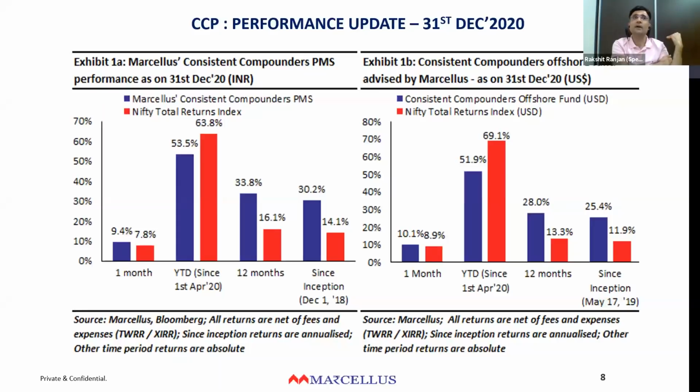The pledges were made to fund ventures which were set up by the Dani promoter family outside the purview of the listed entity, which is Asian Paints. And hence they've got nothing to do with a weakening balance sheet of the promoters. They've got nothing to do with COVID.